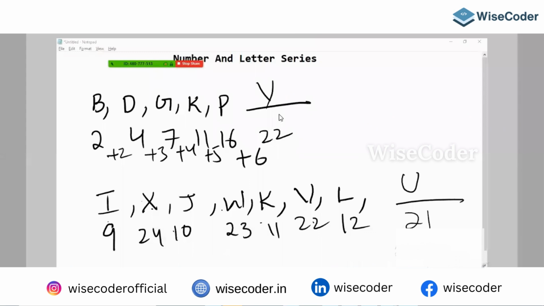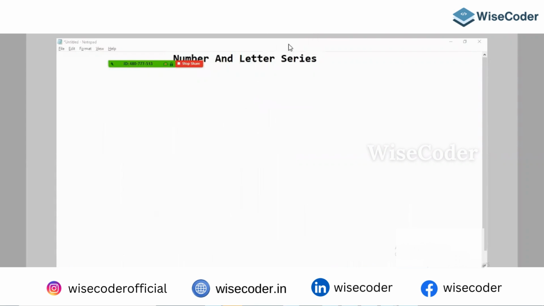Next series. If the series is like this: A, B, D, H, dash, and F. Write the place positions: 1, 2, 4, 8.